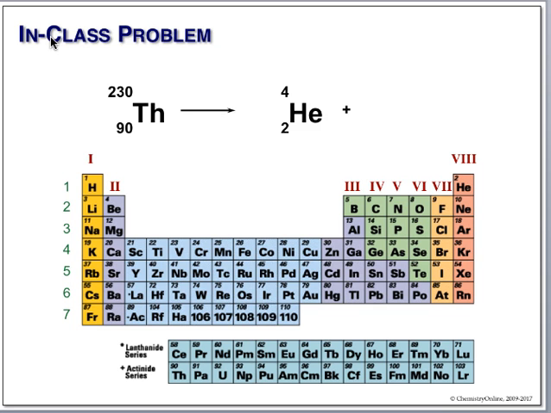When it does, our atomic number is going to drop by 2. So we're going to have an atomic number of 88. We look at our periodic table and try to figure out what is 88. Got to be here somewhere.